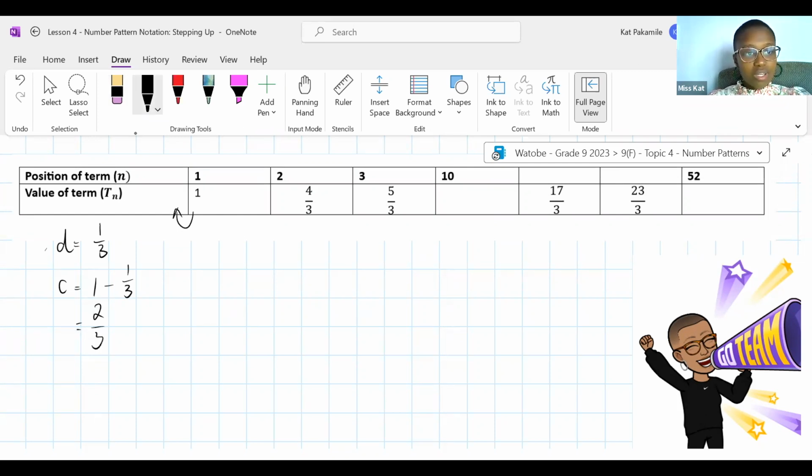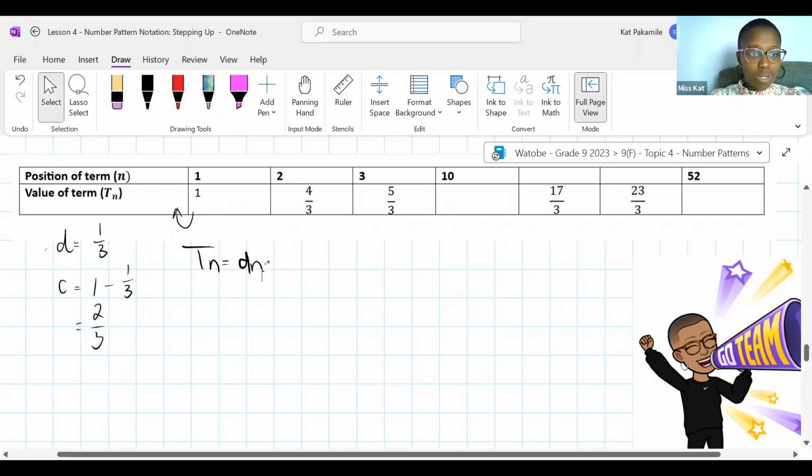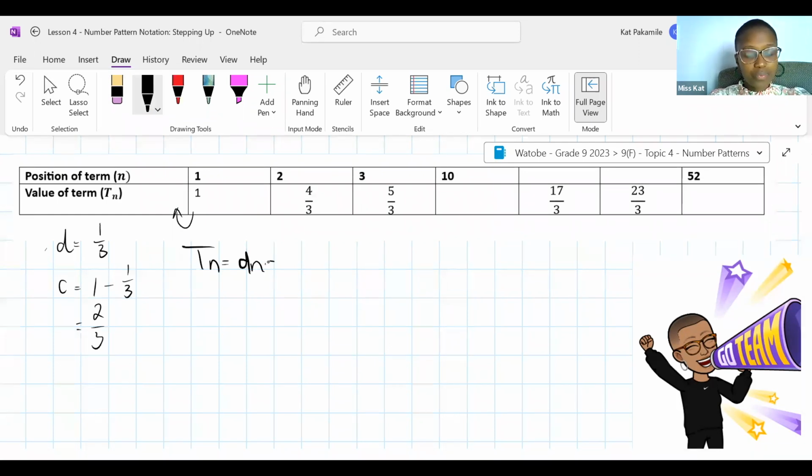Tell me, if I have to substitute into this Tn equals dn plus c, what's my formula? Where there's a d, you put 1/3.